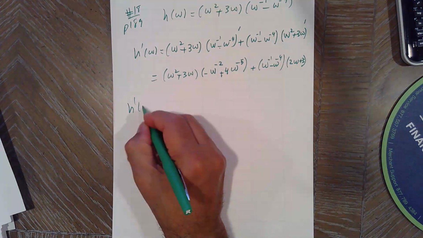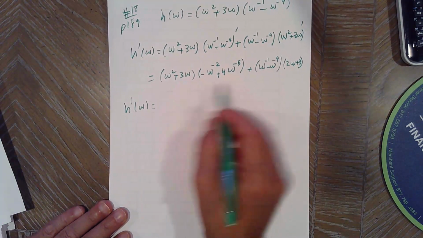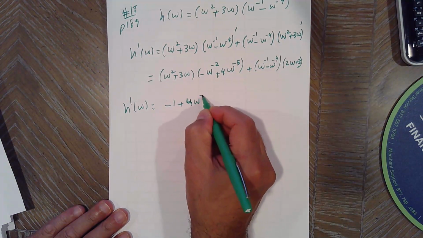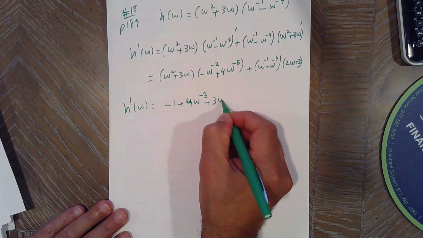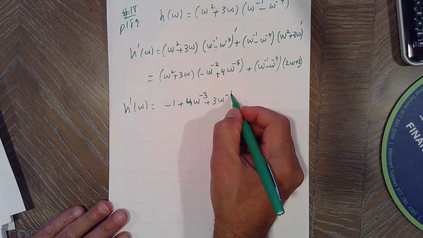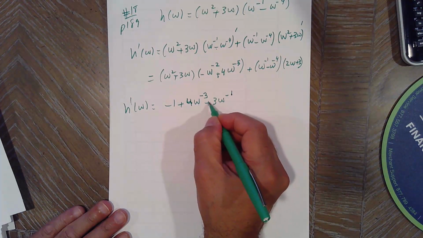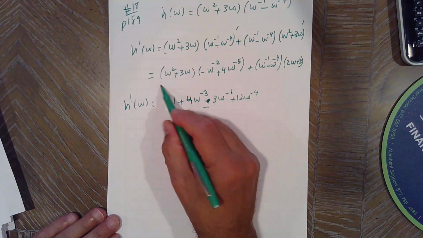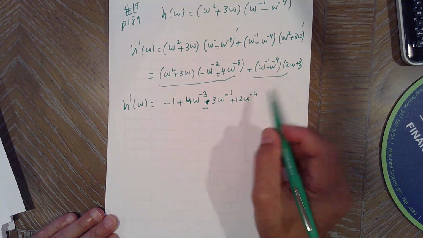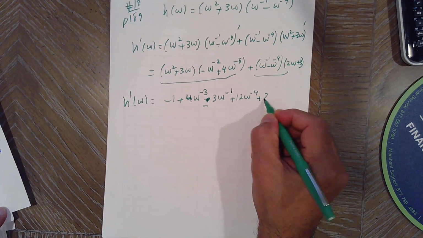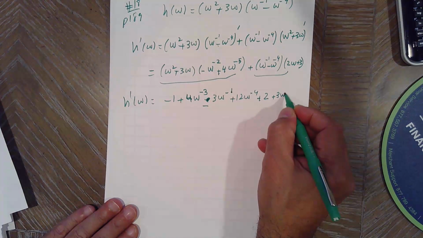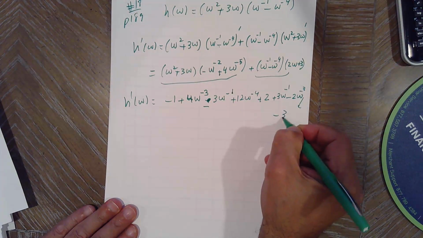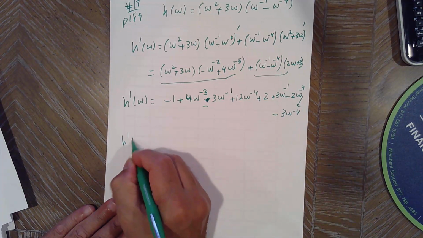And if you work it out, if you FOIL, you're going to get negative 1 plus 4w to the negative 3 plus 3w to the negative 1, minus, plus 12w to the negative 4. I FOILed this. And now let's FOIL that. Plus 2 plus 3w to the negative 1 minus 2w to the negative 3 minus 3w to the negative 4.